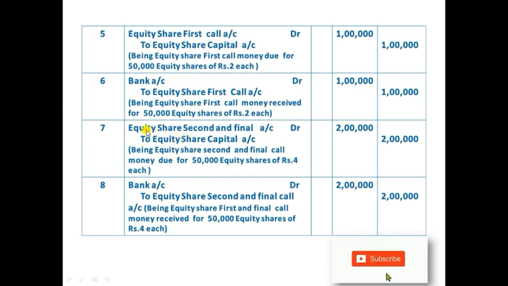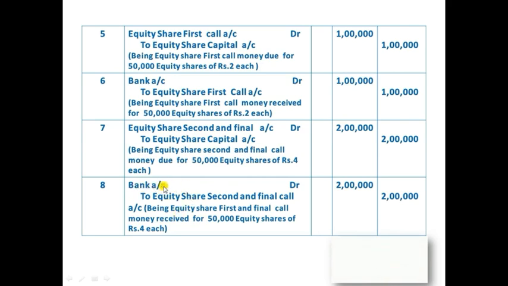Now the company will transfer as usual, so equity share second and final call account debit to equity share capital. After transferring to equity share capital as 2 lakh, 2 lakh, the company is going to receive the last installment from the shareholder.